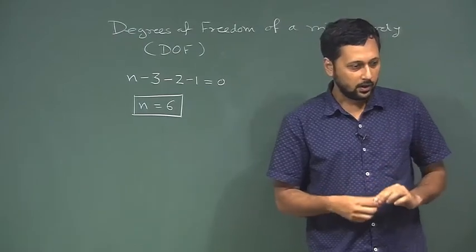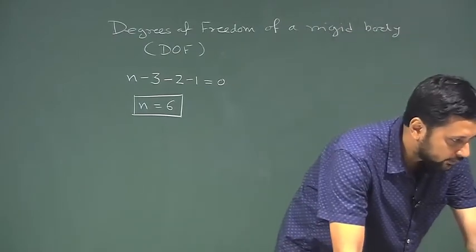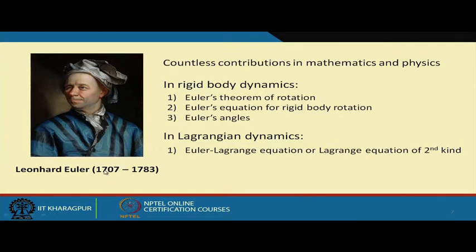Now, let us look into this for a second. We have a very famous name on screen. This is the name of Leonhard Euler, a Swiss mathematical genius. He was a mathematician to begin with, who published an enormous number of papers in different branches of mathematics.